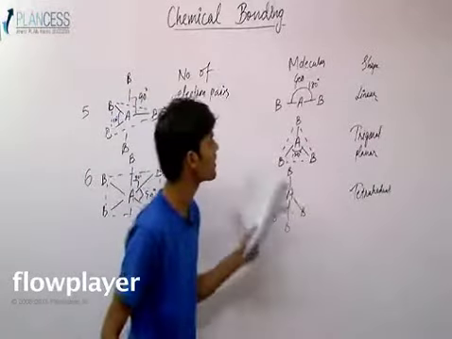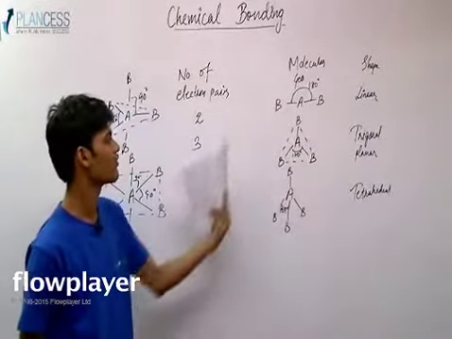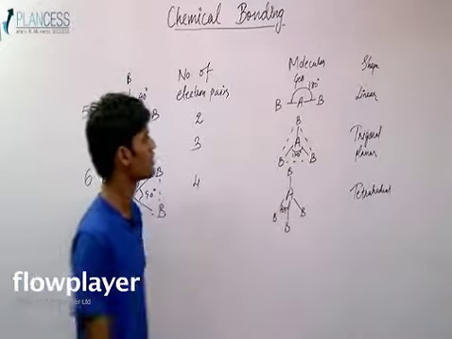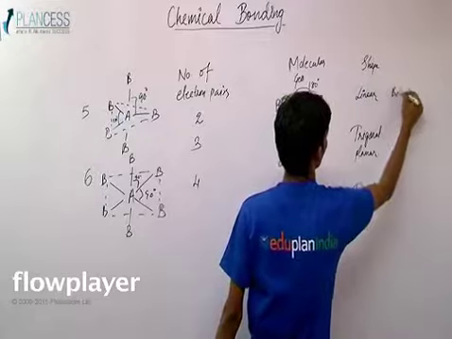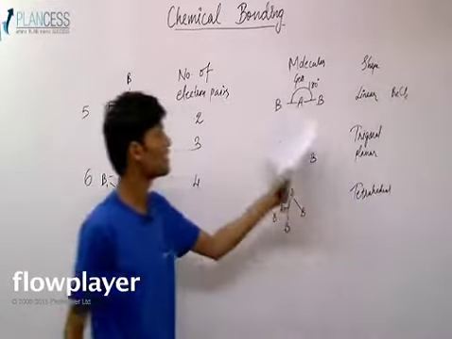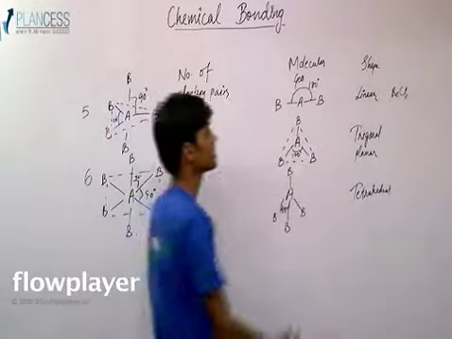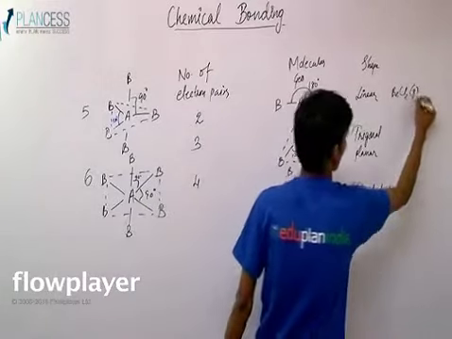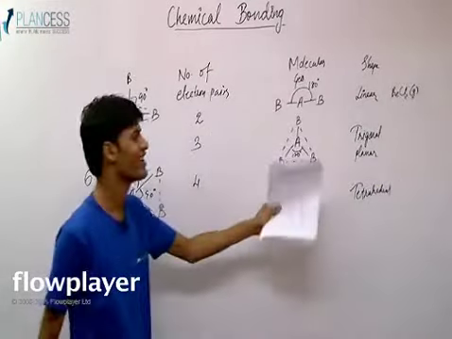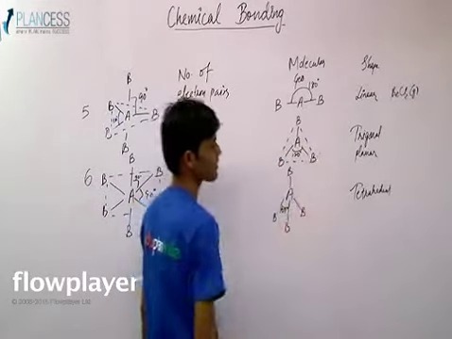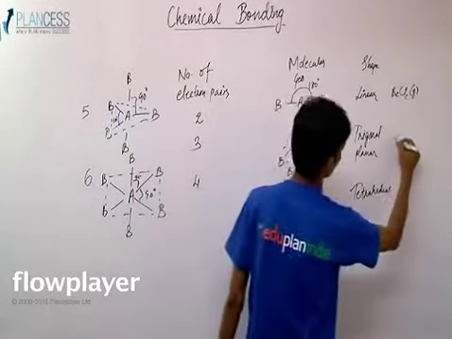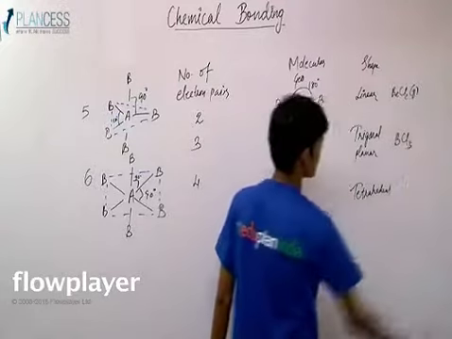Now let me give you an example of each of these shapes. For AB2 you can have the example of BeCl2. This has a linear molecular shape, but it is in the gaseous form. Why I am stating it as gaseous, you will look at in the later part of the chapter. For AB3, BF3 or BCl3 is the example.